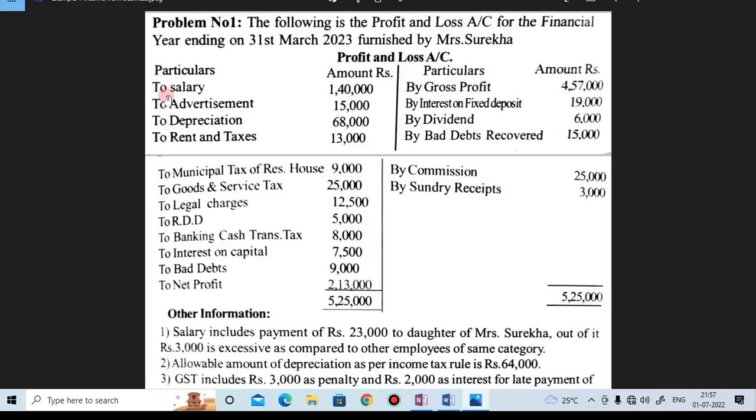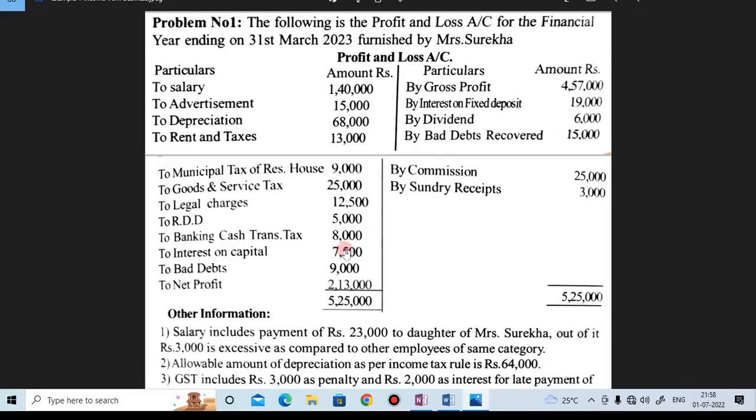In the debit side, salaries, advertisement, depreciation, rent and taxes amounts are given. Then municipal tax of residential house, goods and service tax 25,000, legal charges, RDD, banking cash transaction tax, interest on capital, bad debts, net profit. Then in the credit side, gross profit, interest on fixed deposit, dividend, bad debts recovered, commission and sundry receipts are given.